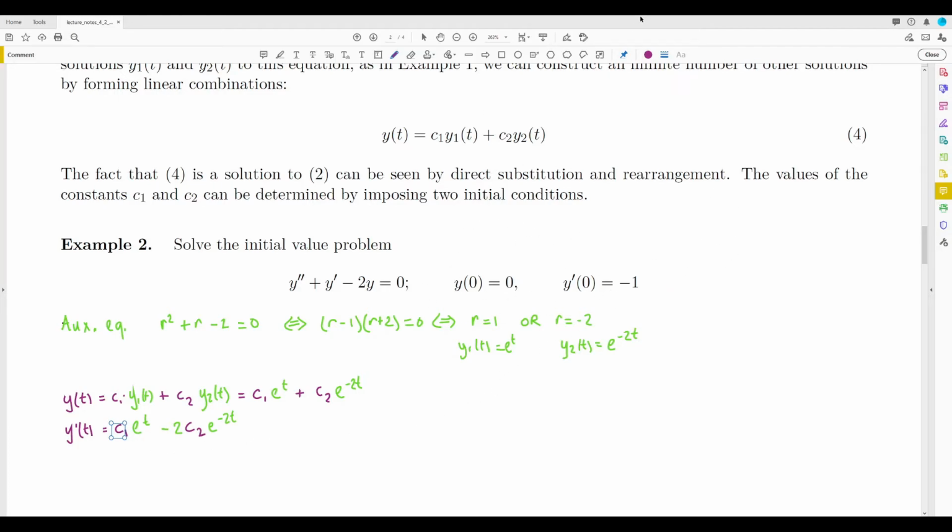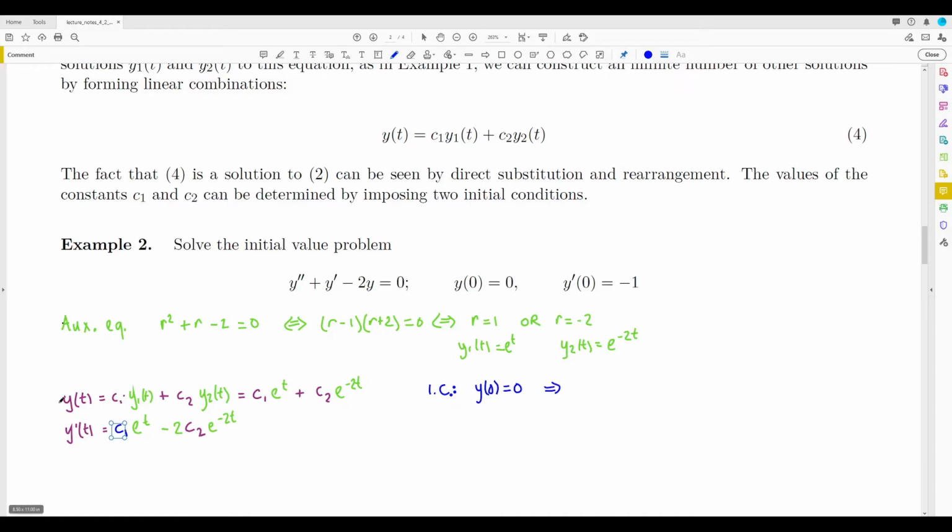So here are our initial conditions. Let's take a look at the first initial condition: y of 0 equals 0.